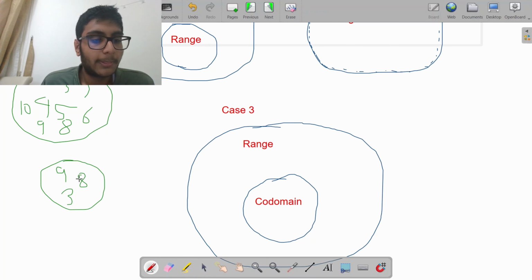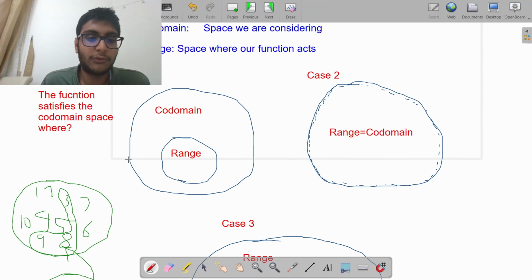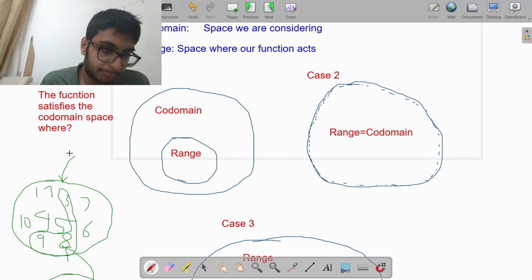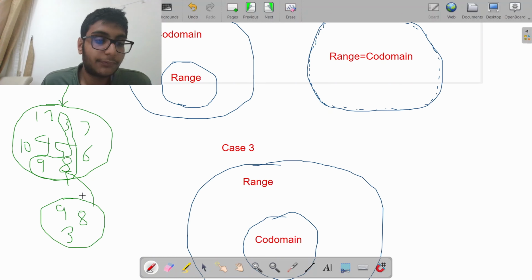You see, this space is already included within here. I can just make a circle around them. So this is a smaller space for it. And what I mean over here is that I, as an observer, am choosing all this group of numbers, but the function, which is this, is only acting on these numbers.